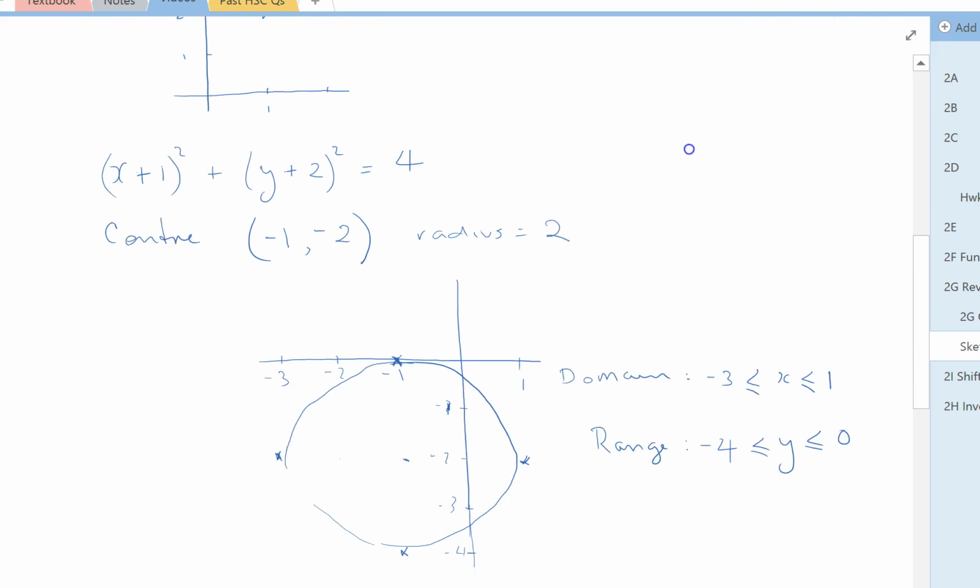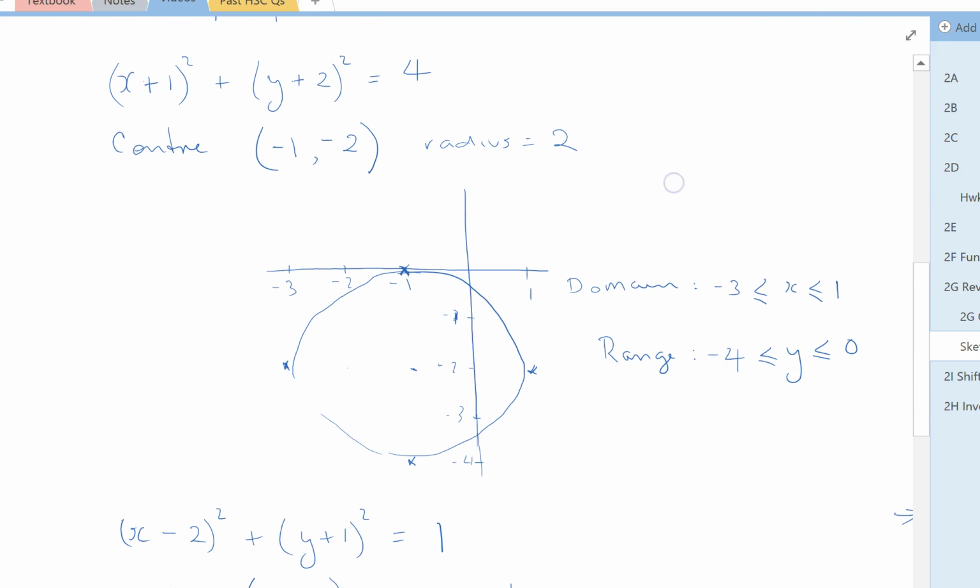With the next example, you might be able to see that I've now changed from minus in the bracket to a plus in the bracket. So what does that actually mean? It means that I must have had x subtract -1 to get x plus 1. So what is the x-ordinate of the centre?